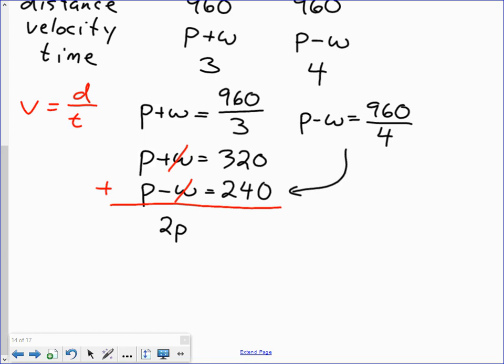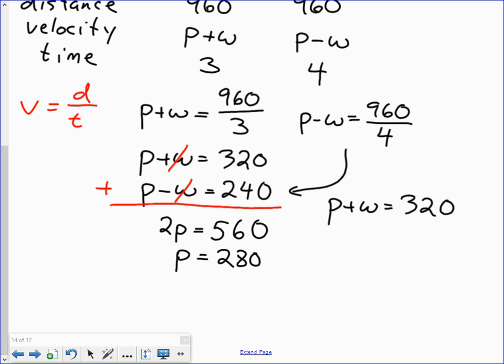When I add them up, I get 2P is equal to, let's see, that's 560. Dividing both sides by 2, I get 280. That's my value for P. And if I want to solve for W, well, I know that P plus W is equal to 320. That comes from right here. So subbing in my value for P, which is 280, subtracting that 280 from both sides, W looks like it's going to be 40.